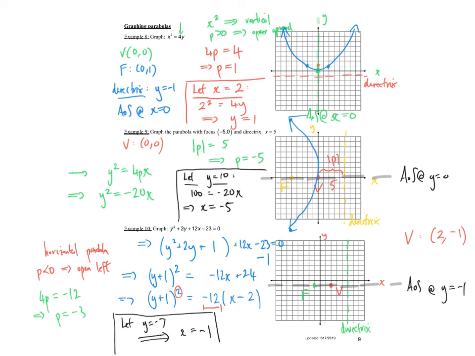So I get a point on my graph at x equals -1, y equals -1, 2, 3, 4, 5, 6, 7, and another point for free on the other side of the axis of symmetry here. And now I'm able to draw a beautiful parabola passing through those points and the vertex. Phew.